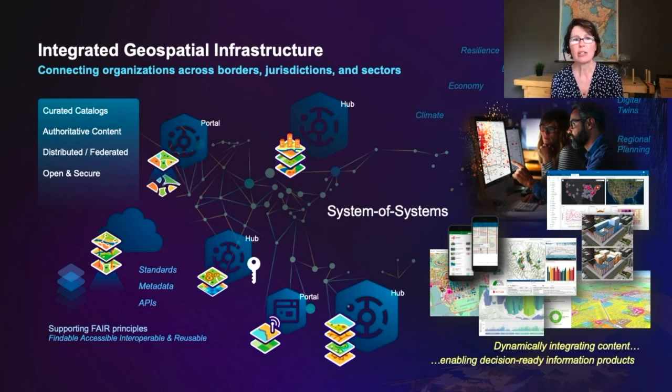Federated catalogs and portals expose actionable web services to put to use in applications that make an impact. Interoperability is achieved using multiple patterns, tools, and standards. These aspects are best understood in the context of ArcGIS as an open system.